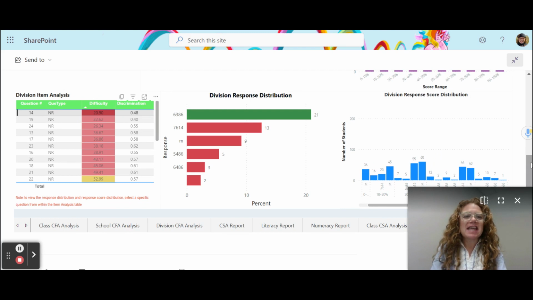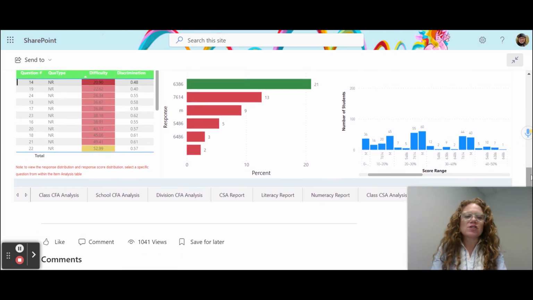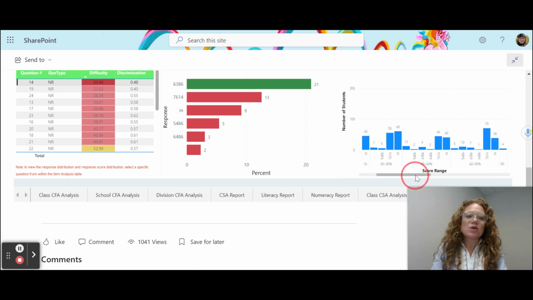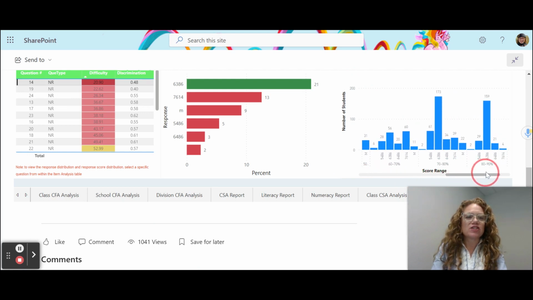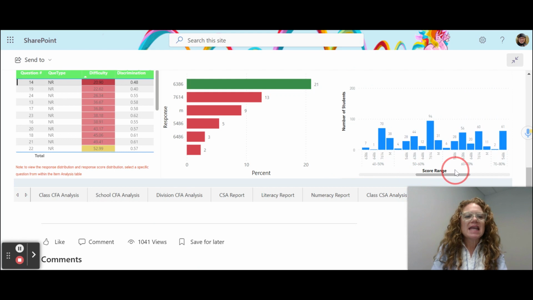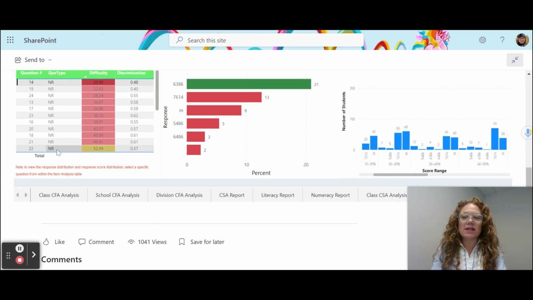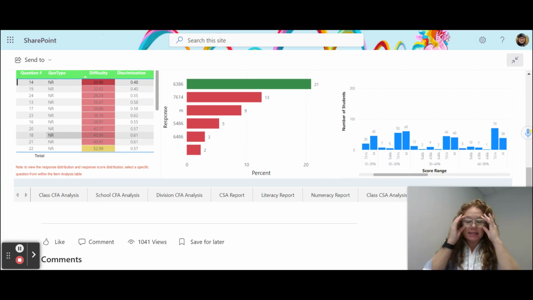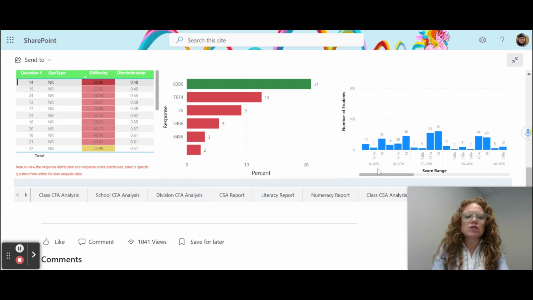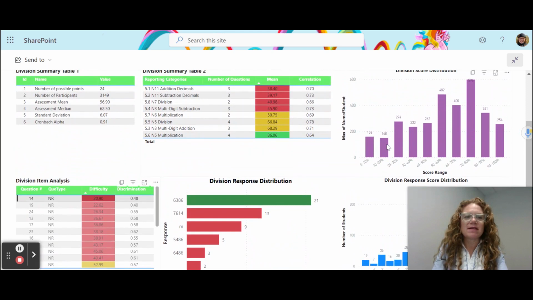The final table that we have here is our score range. For this particular question, this entire bottom band is all related to that one question that has been selected. It shows us very clearly that if I went to those students who got a score of between 0 and 10%, there were 151 of them.